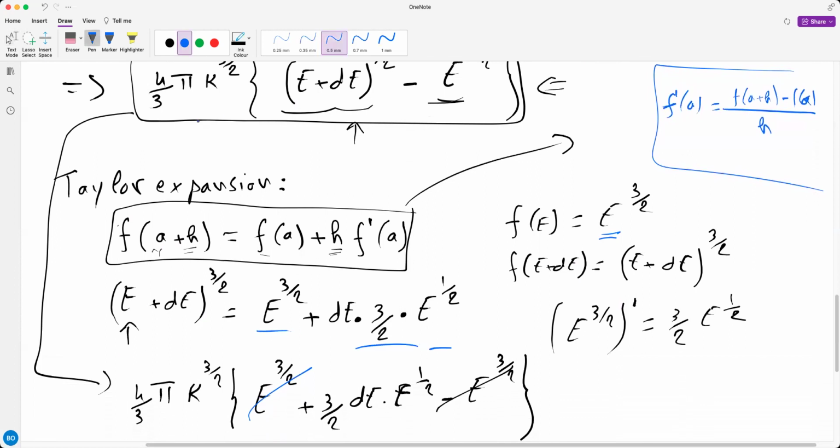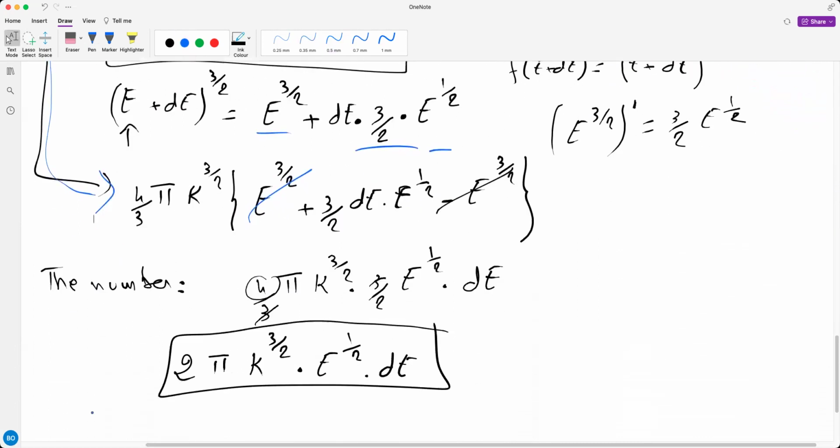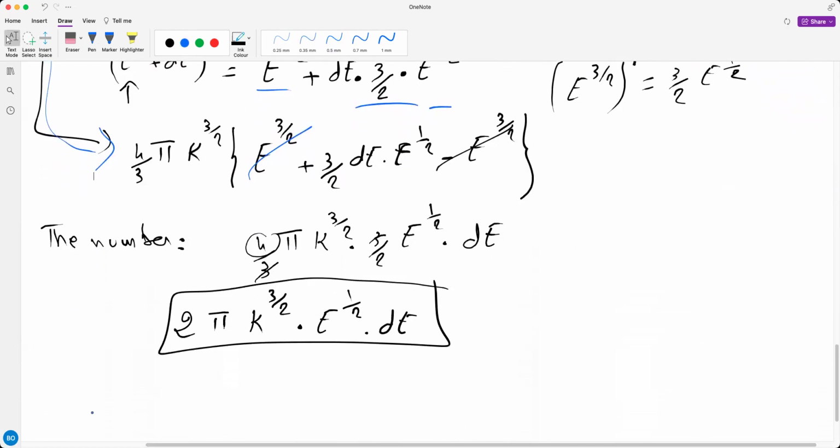I plug this in this equation, and then I obtain a very simple equation. The number of states that have an energy less than E, any E, is equal to a constant times the energy to the power of 1/2.